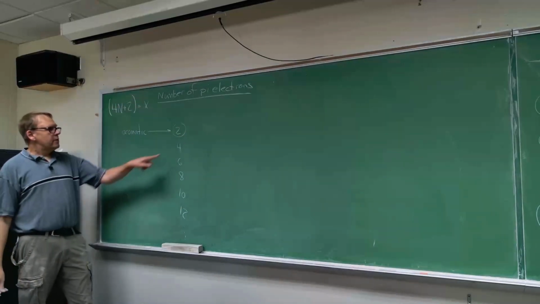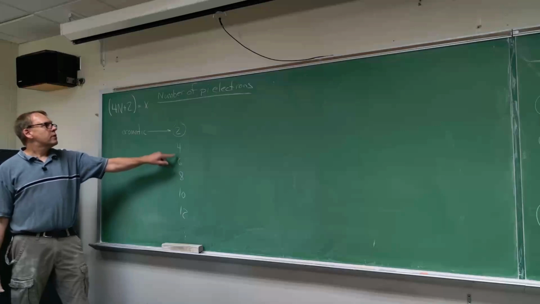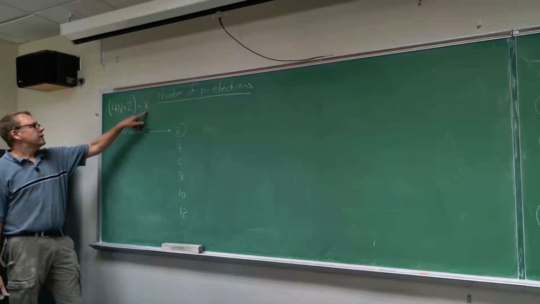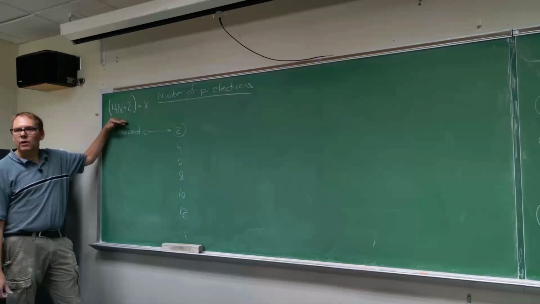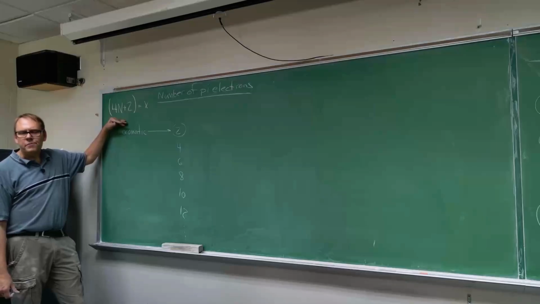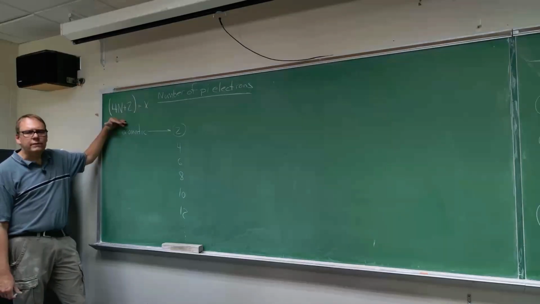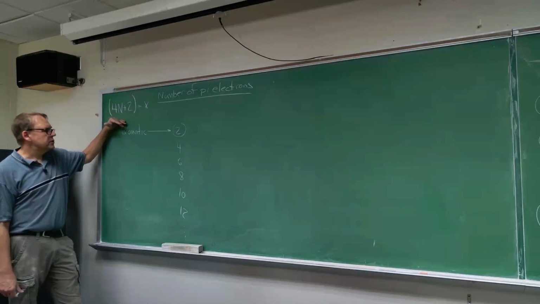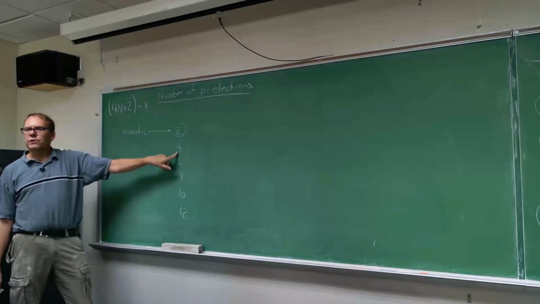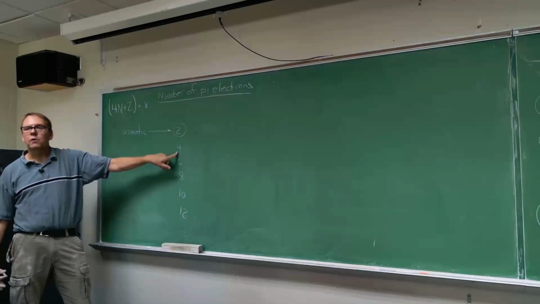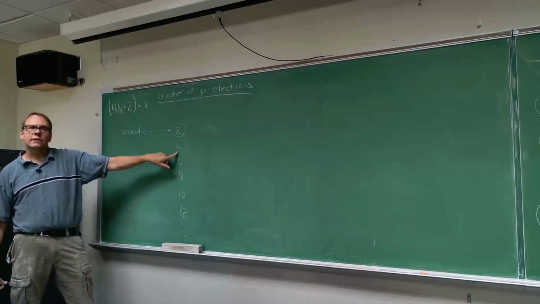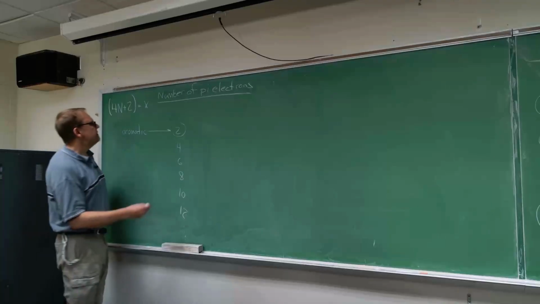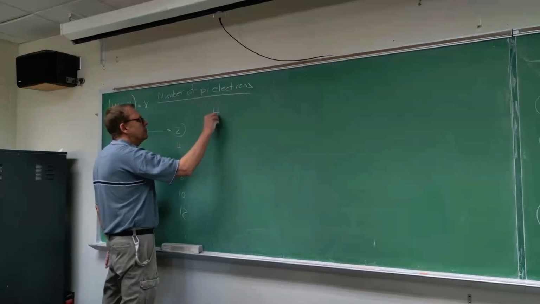All right, what about 4? Is there any counting number that, if x were equal to 4, you could stick in here that would work? No. I mean, there's a number, 1/2, but you're not allowed to do that with this equation. So 4 doesn't work. 4 is not one of the complements of pi electrons that leads to aromaticity. In fact, it fits a different rule. It's an even multiple of 4.